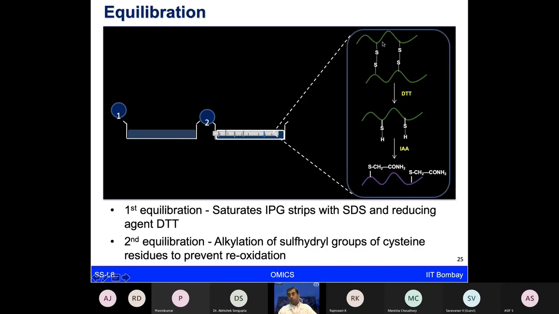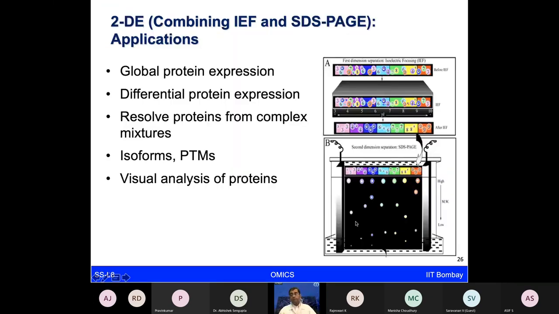So now what you want to do is break the disulfide bonds using DTT, and then alkylate the sulfhydryl groups with iodoacetamide so that they are not going to reform and do the reoxidation. You want to prevent that so that proteins still remain denatured, and they're ready to be linear to separate in the second dimension SDS-PAGE separation.